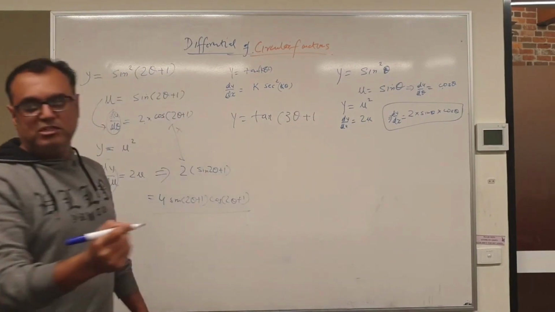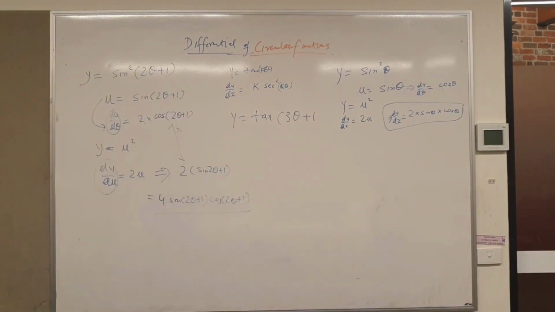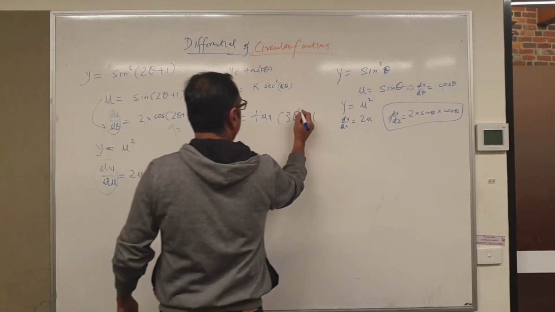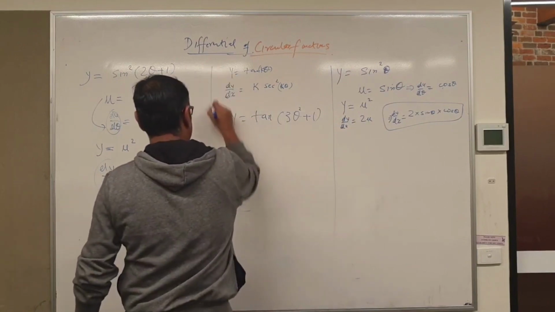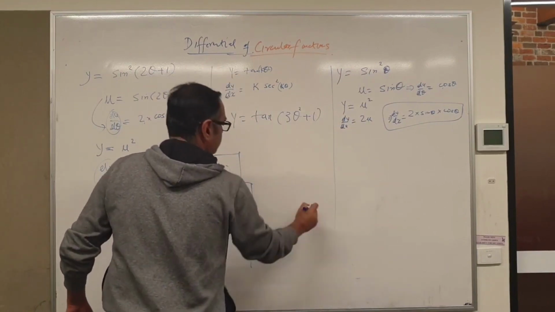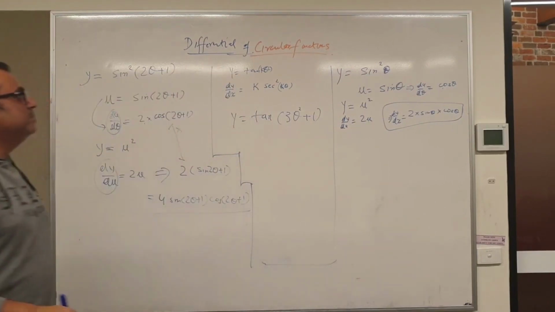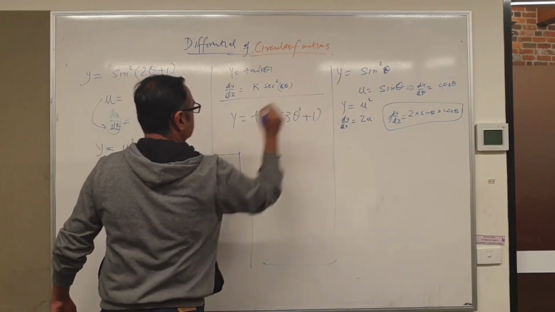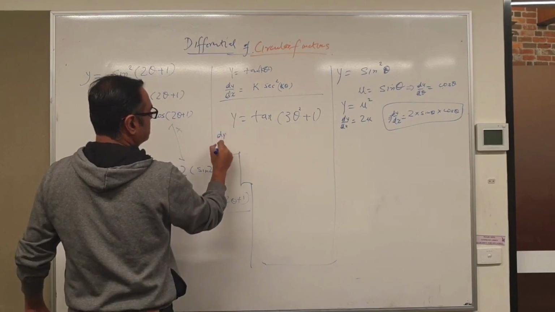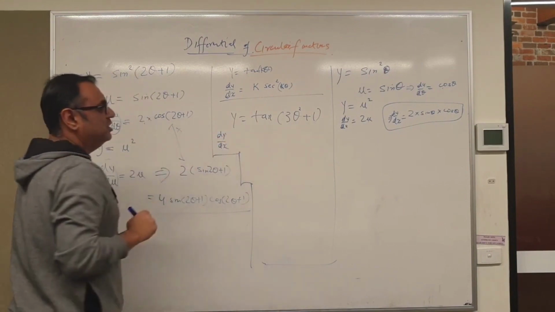I think there's a slight change, not the 3 theta, it is 3 theta square plus 1. So can we do this question? And that's the rule on top. I need to find dy by dx. Use the chain rule, please.